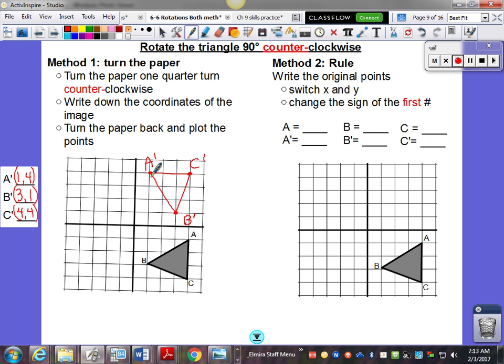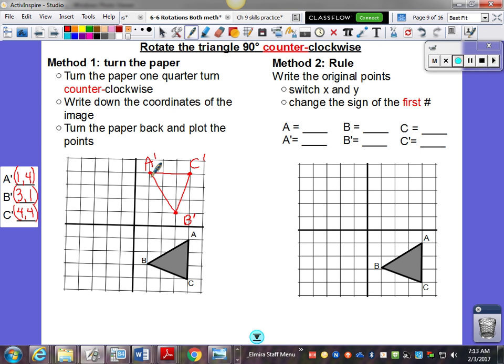Now, here again, turn the paper might visually be difficult for some students. So there's also a rule, and if you're going to follow the rule, guys, I highly encourage you while you're learning and doing your homework, have your notes out in front of you and write everything down. Write down coordinates of your originals, follow the rule and write down coordinates of your primes, and then graph.